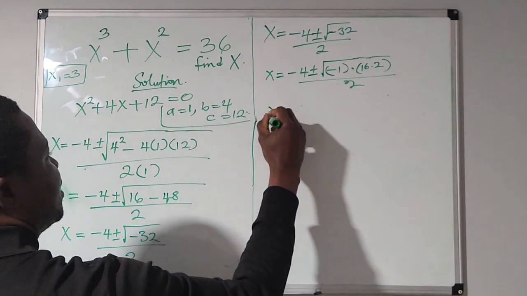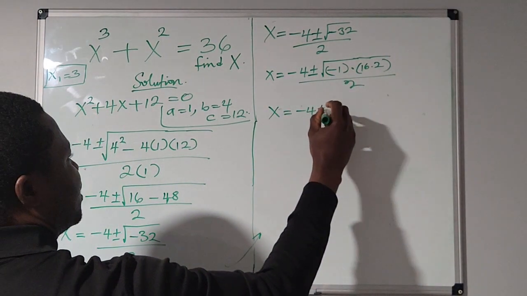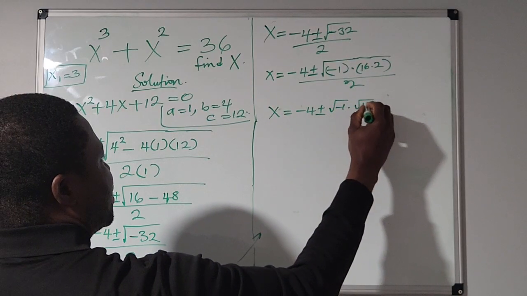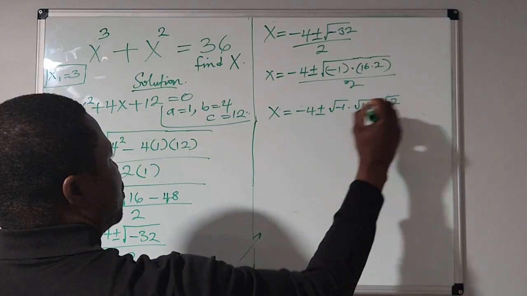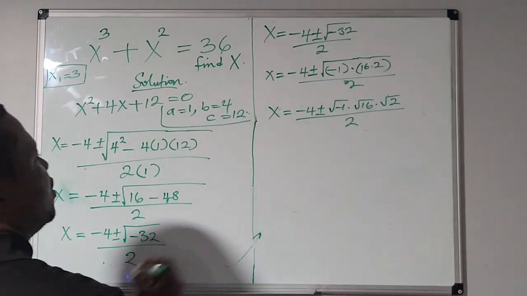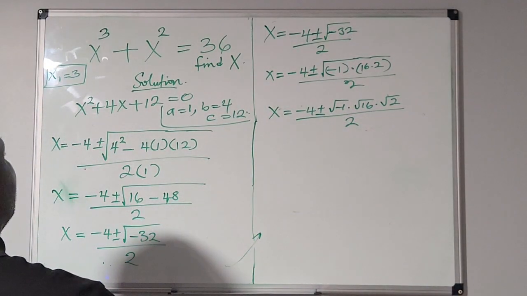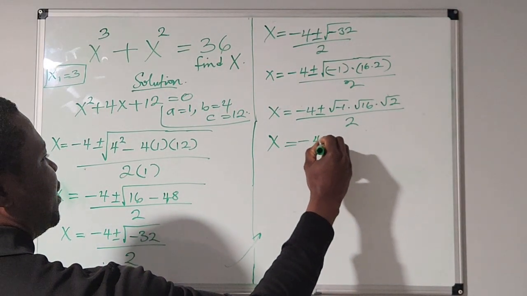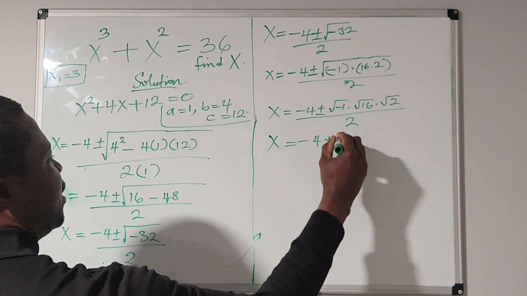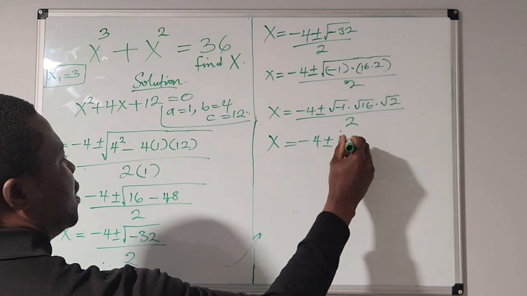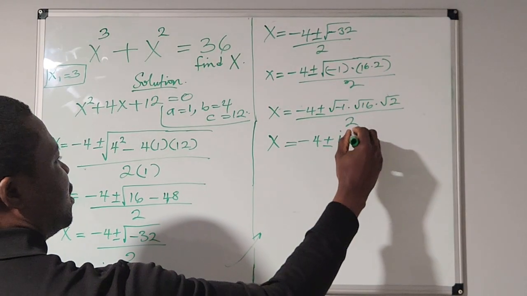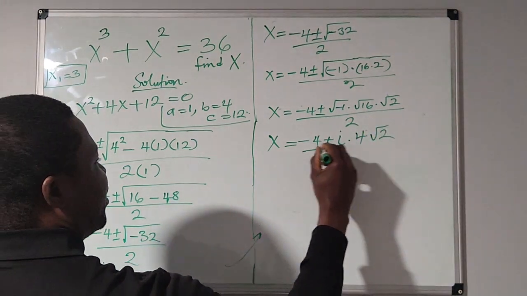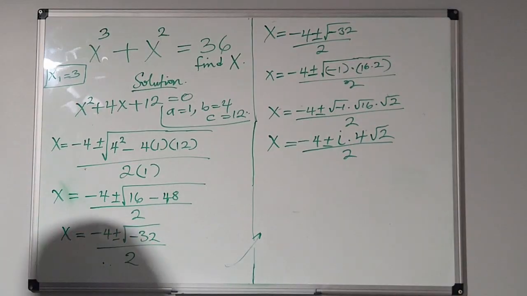So we have now that x is equal to minus 4 plus or minus root minus 1, root 16, root 2 divided by 2. Okay, so x is equal to minus 4 plus or minus the square root of minus 1 is i. The square root of 16 is 4 because 4 squared is 16. And then we have root 2 divided by 2.